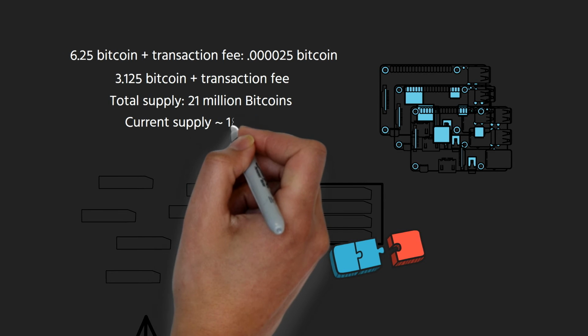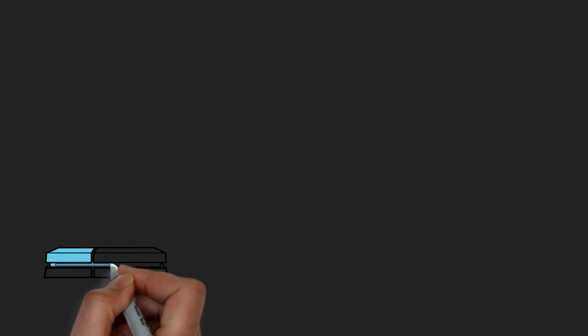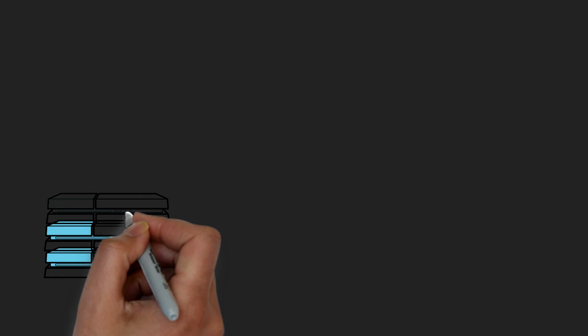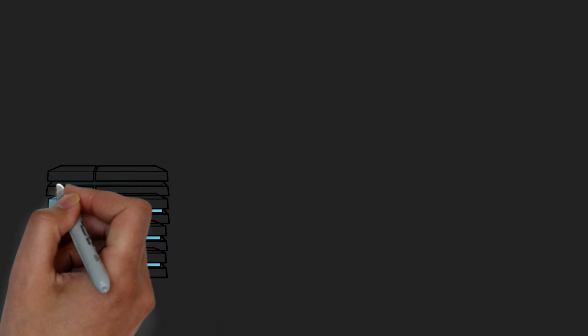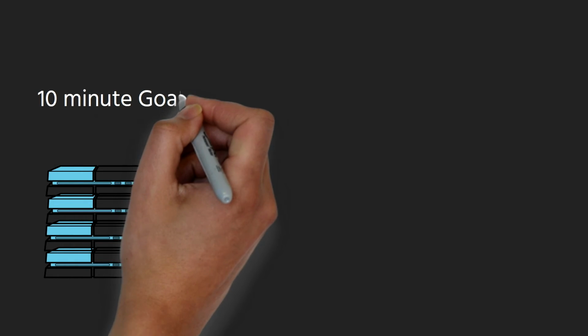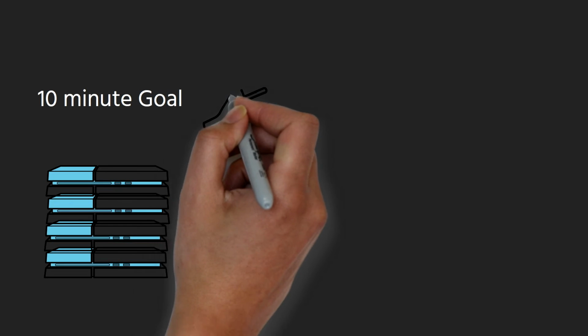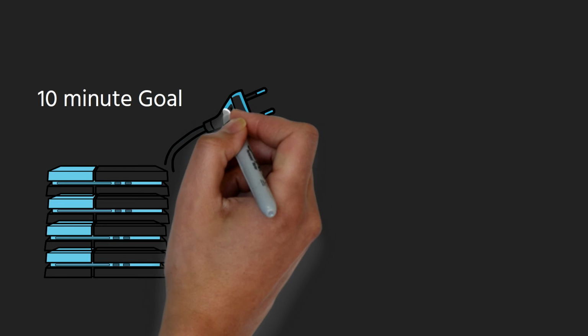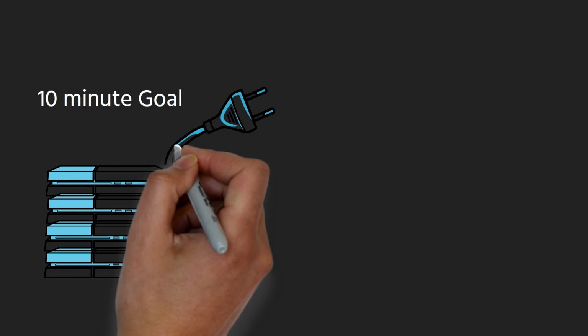To increase their chance of winning, miners create mining farms where they aggregate a bunch of fast computers in an area where electricity is very cheap. The protocol is designed for a miner to win about every 10 minutes. So when more and more people contribute computing power, the puzzle becomes harder and harder to solve.